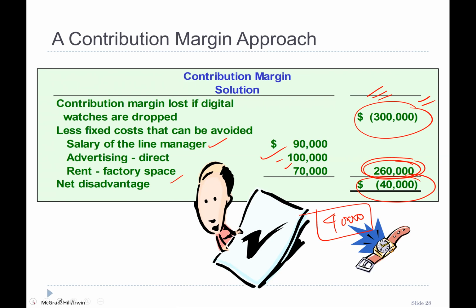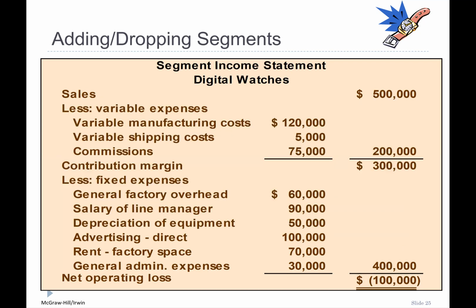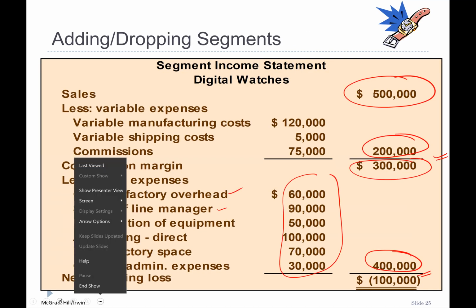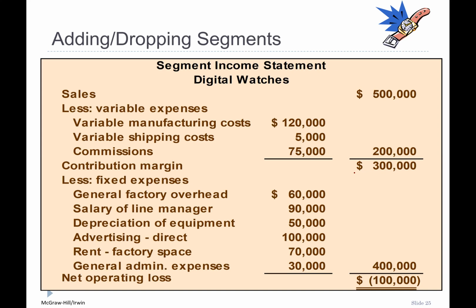Here, let me just show you the income statement of the digital watch. What essentially the question is saying is, if you drop it, you will lose that one, right? If you drop it, the 60,000 remains the same, and the general expenses of 30,000 remain the same.